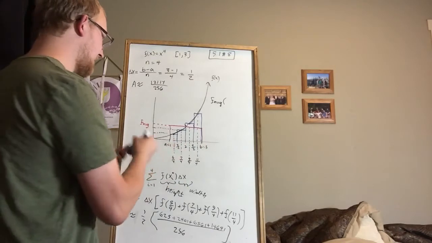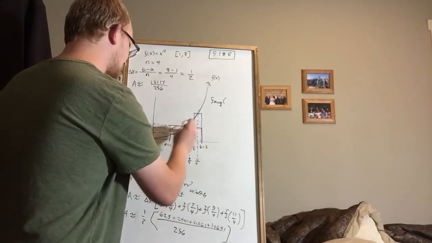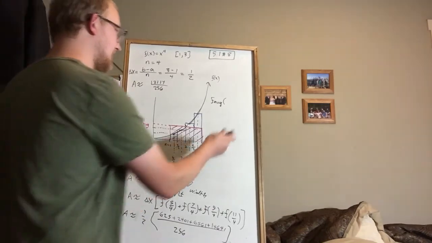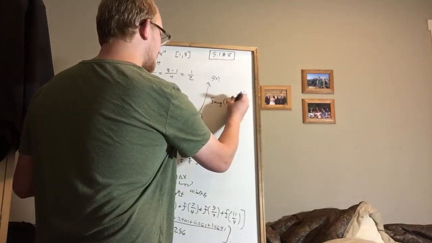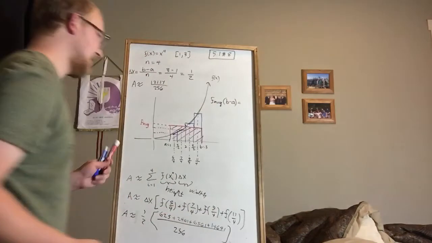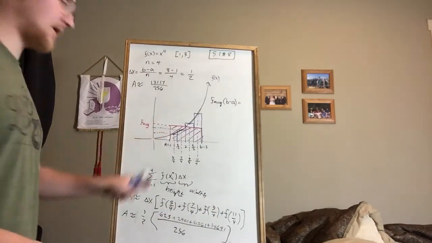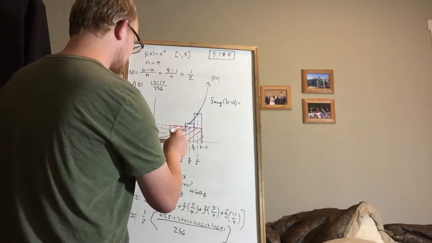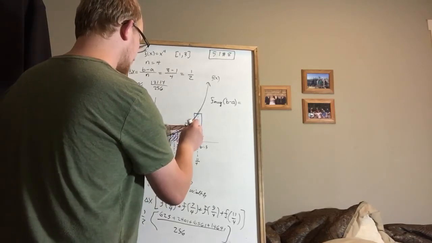So we're finding the area of the red rectangle, which has height f average and width, of course, b minus a. And what if we set that equal to our area approximation, which is the blue area? So now we're going to say, let's set the red area equal to the blue area.